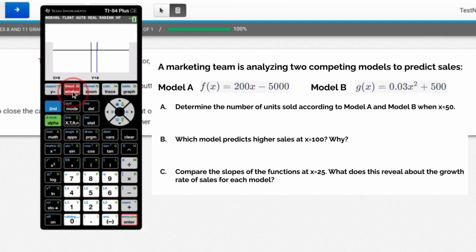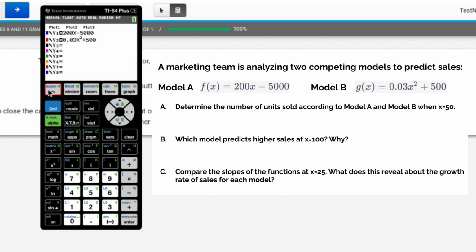So I'm going to hit window. I care about what happens at 25, and I want to compare the slopes. So let's make this number 20. Let's make you 30. Let's see what picture we get there. There's the one. I still don't even see the other.